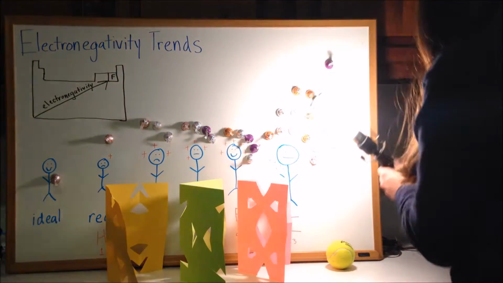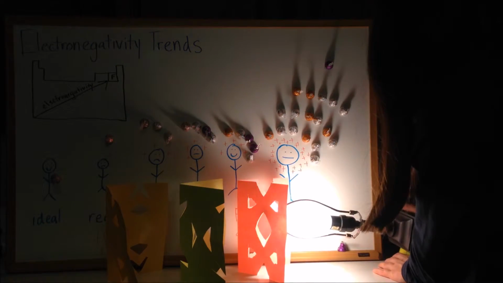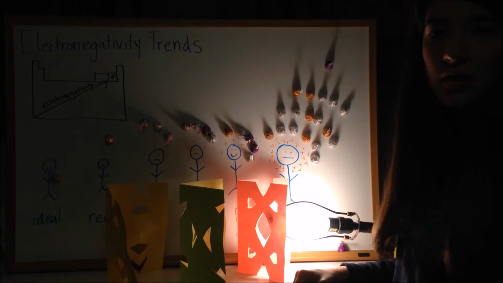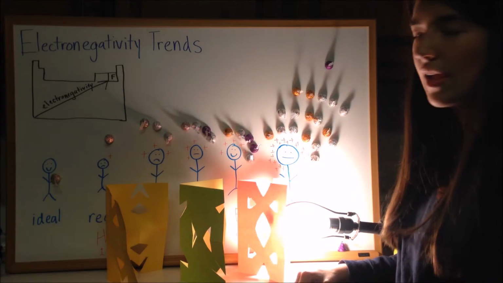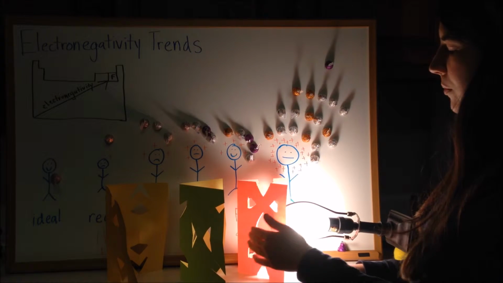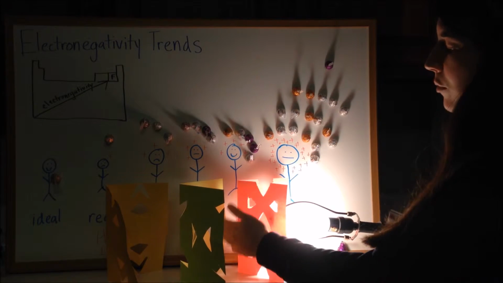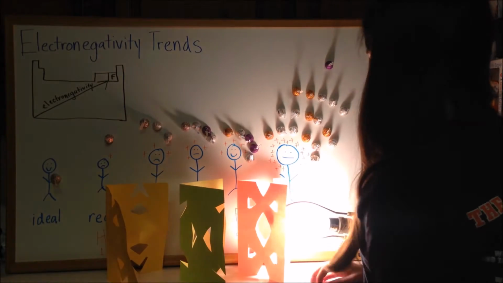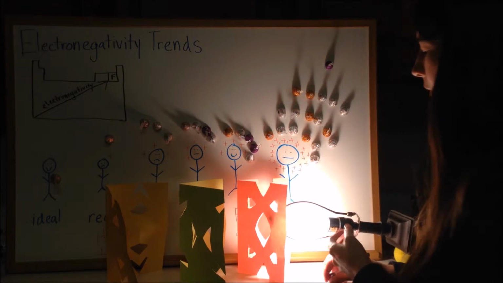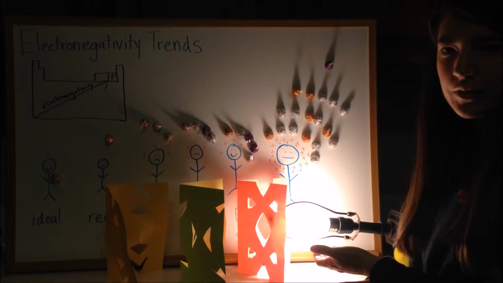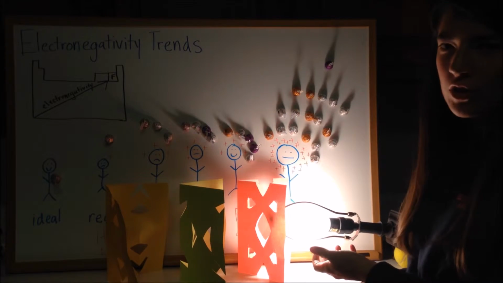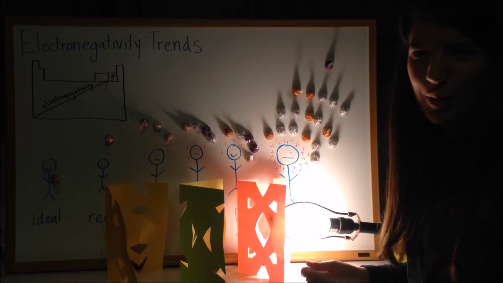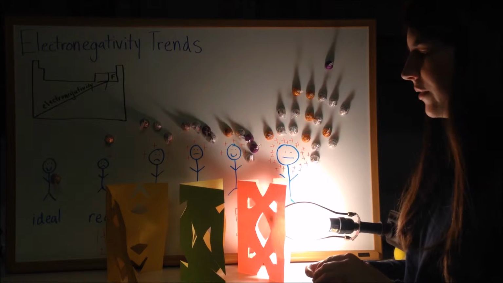So if we turn on our lamp, set up like that, you can see that with each layer, less and less light passes through. Just from this one layer, you can see more light in this section than if I were to come all the way over here. If we think about this being our nucleus containing those positively charged protons, it's got that positive pulling power to pull electrons into it.